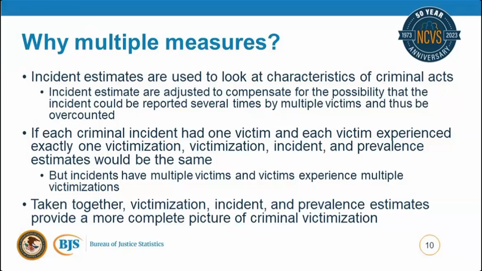If each criminal incident had one victim and each victim experienced exactly one victimization, incident, victimization, and prevalence estimates would be the same. But incidents have multiple victims and victims experience multiple victimizations. Taken together, the NCVS can be used to generate victimization, incident, and prevalence estimates that provide a more complete picture of criminal victimization.